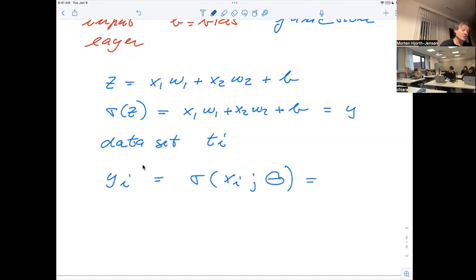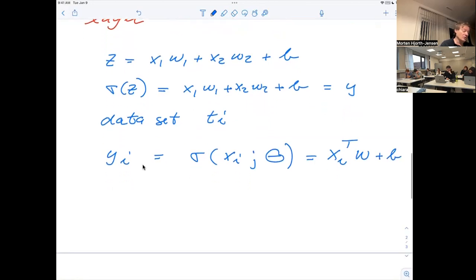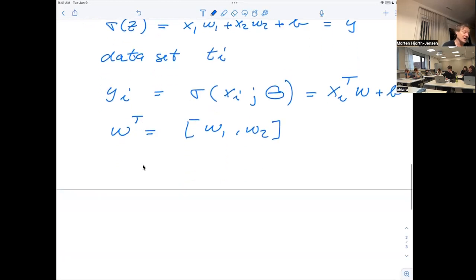And in our case, the simple case which we have here, we have a vector x of i. These are the input parameters transposed, multiplied with this w plus b, where w now plays the role of a vector which contains the unknown parameters w1 and w2 here. So the parameter theta is just a collective container for the unknown variables w and b.